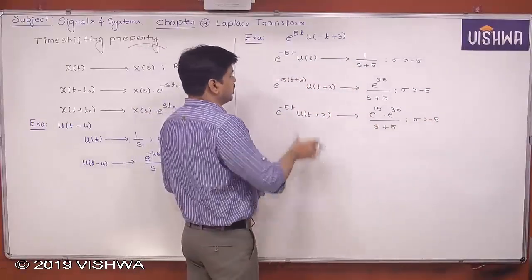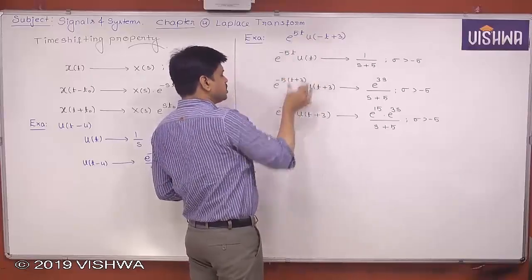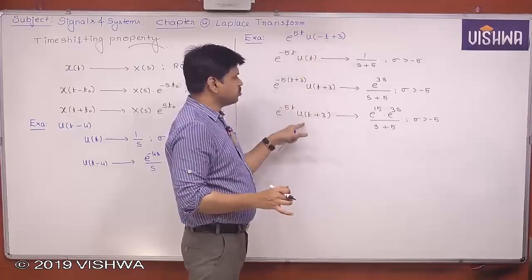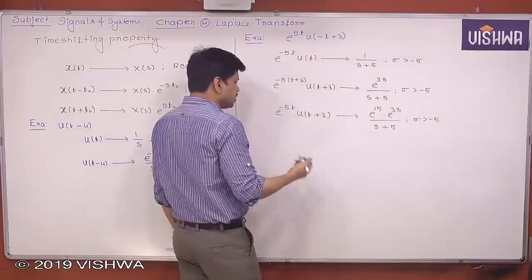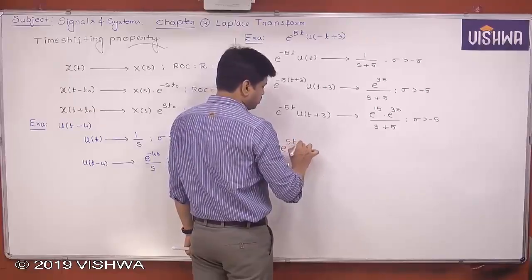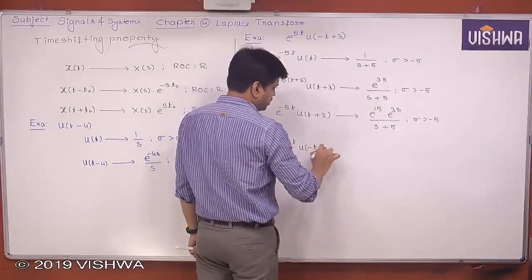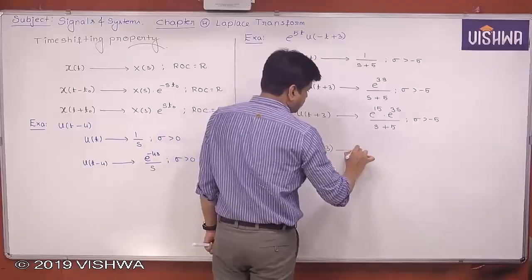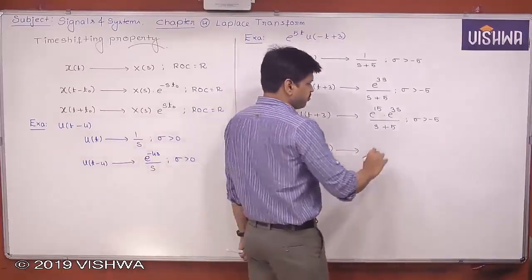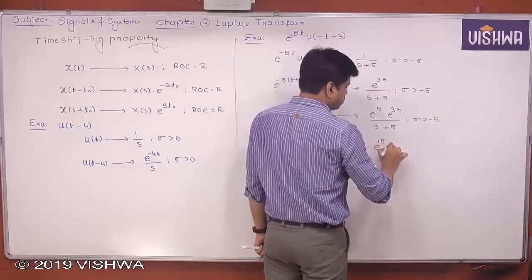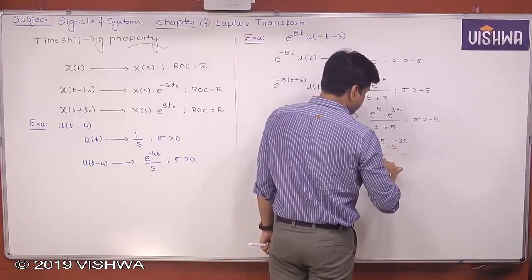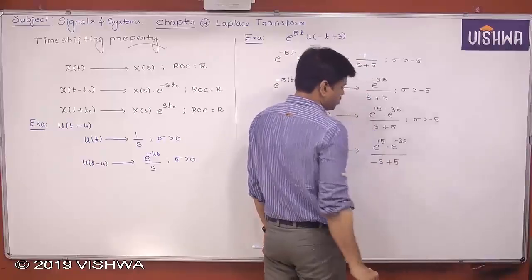Now let's observe here. From this to this, only one change we can observe: if t is replaced with -t, we are going to get the answer. That is nothing but the time reversal property we are applying. So e^(5t) u(-t+3): in the time reversal property, s has to be replaced with -s. e^(15) into e^(-3s)/(-s+5).